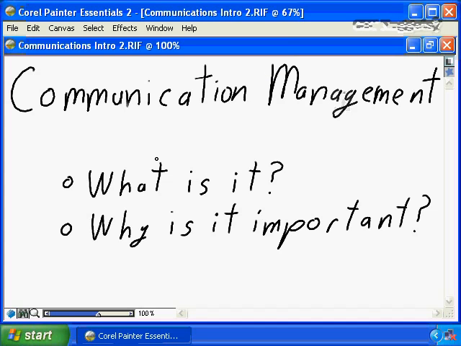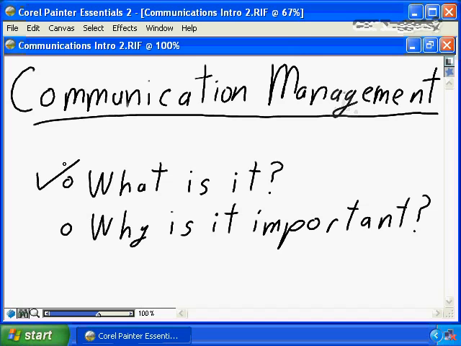To conclude this nugget in communications management and communications planning, we're going to go back to the objectives we laid out at the beginning of the nugget. One of our first objectives is to define what communications management is all about. Communications management is all about ensuring that the right information, that the project details are available and communicated to the project stakeholders. We discussed why communications management is important.